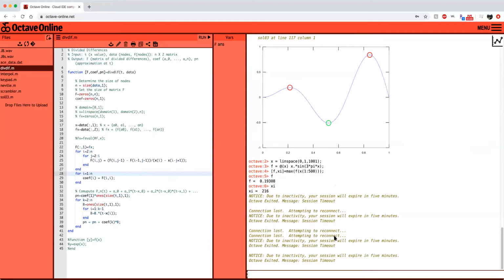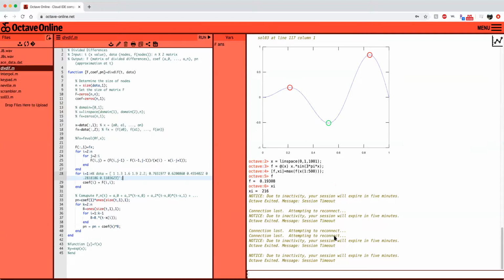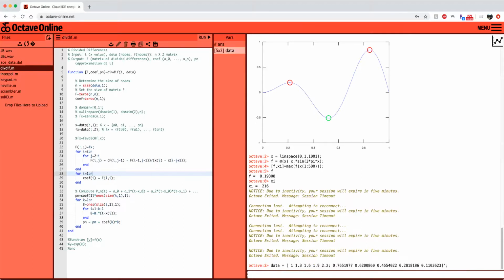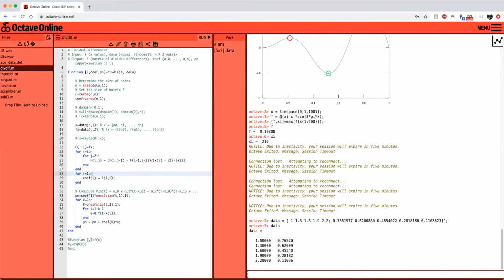All right, so now, let's say this data is given. The first column represents the nodes, and the second column represents the function value, the data value.